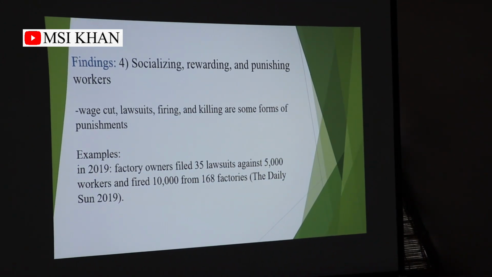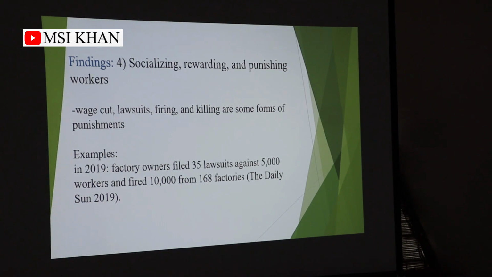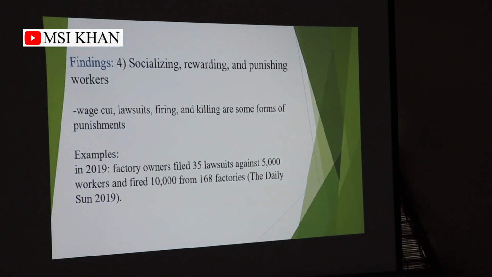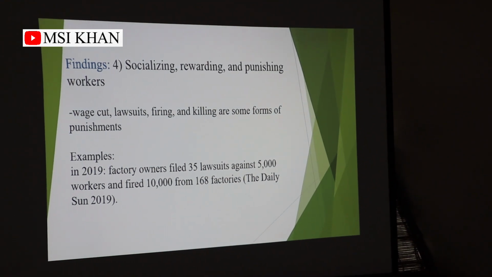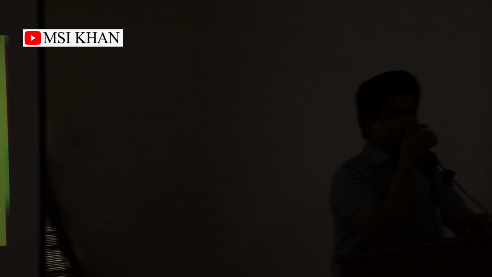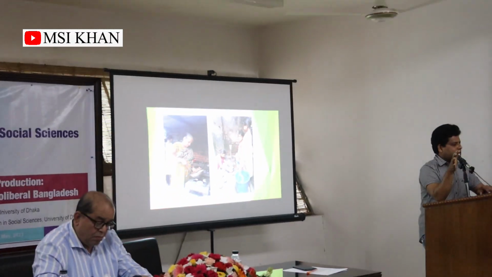And the factory owners filed 35 lawsuits against 500 workers and fired 10,000 workers from 168 factories. That's the punishment system, and people are always threatened and always fear losing their jobs. And now they are being very submissive, and they are doing the work for their saviors.